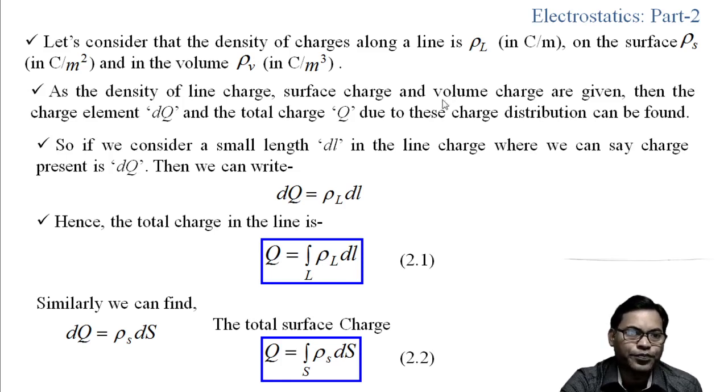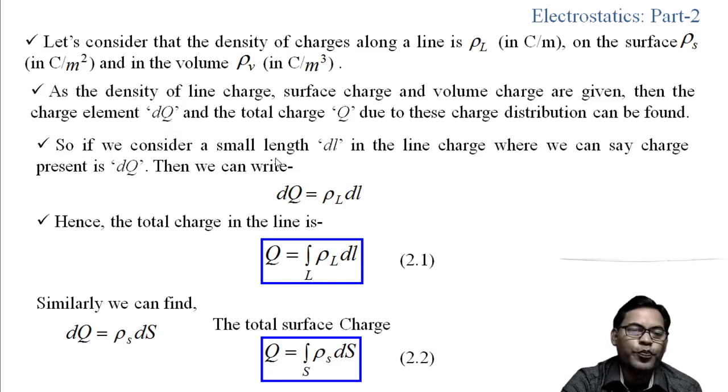So, here if we consider the line charge, the surface charge or the volume charge, then the charge element for a line charge we can consider dq, or for the surface charge also, and for the volume of charge we can consider the elemental charge, that is dq.